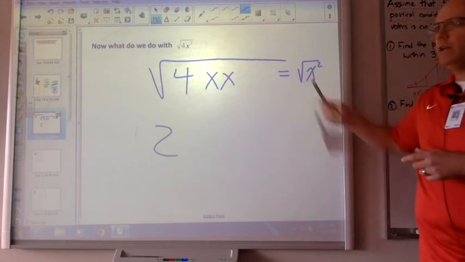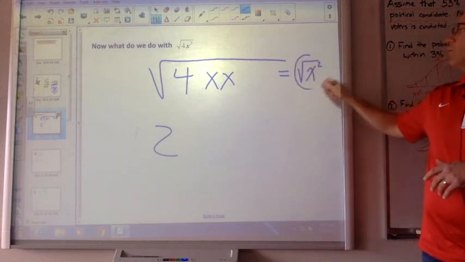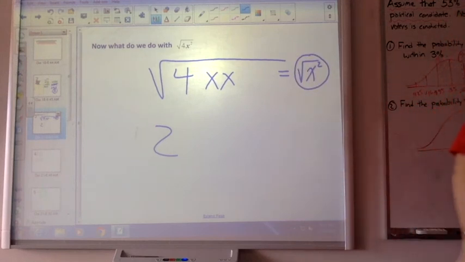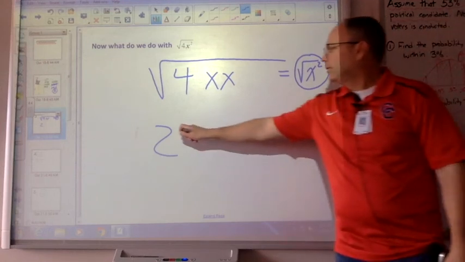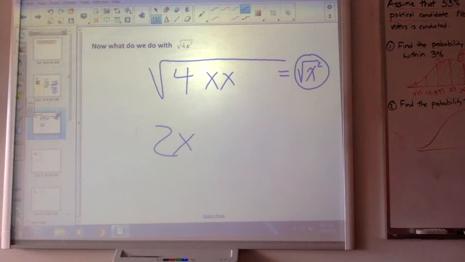So the square root sign and the square sign undo each other. So what is the square root of x squared? X. So this answer is 2x. Okay, let's build upon that thought in a sec.